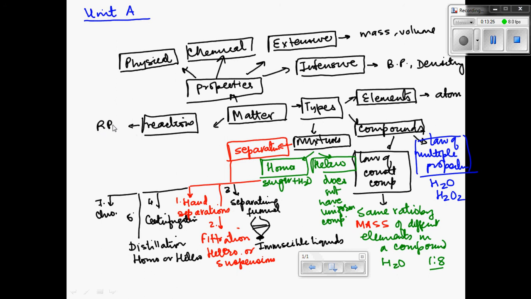And when you write reaction prediction, remember you always write balanced net ionic equations. And for this you also need solubility rules, because you need to be able to predict what will precipitate and what will stay in aqueous solution.